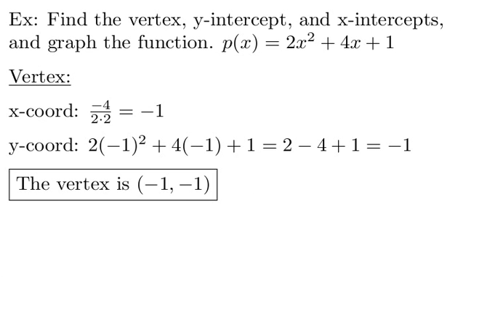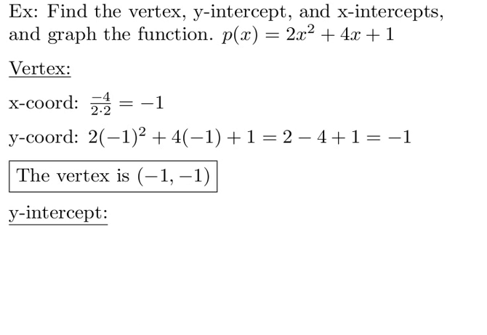Okay, now let's go on to the y-intercept. Oh, I don't want to lose everything. Okay, so I'm going to go ahead and write p of x here.